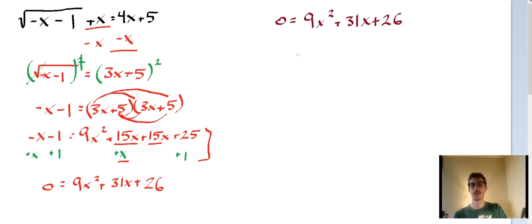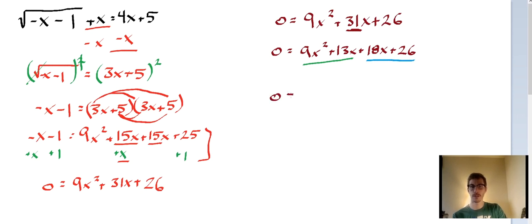The easiest way to factor this is going to be by grouping. So I'm going to have to split up this 31x to form my groups. We'll take a 9x squared plus 13x plus 18x plus 26. This will be my first group, and this will be my second group.